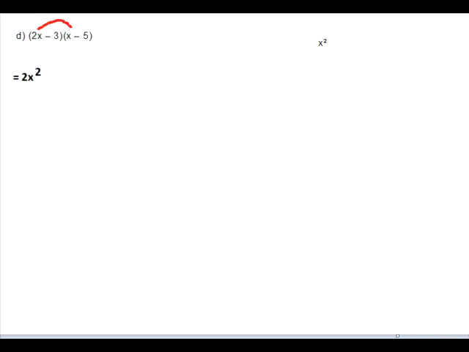Okay, great. Alright, Alex, can you do for me, please, 2x times negative 5? Excellent, good, negative 10x, good. So 2 times negative 5 is negative 10, and x times nothing is just x.